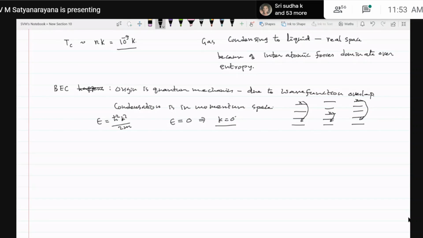As I told you, consider this density of states for other dimensions, which I asked you to do.